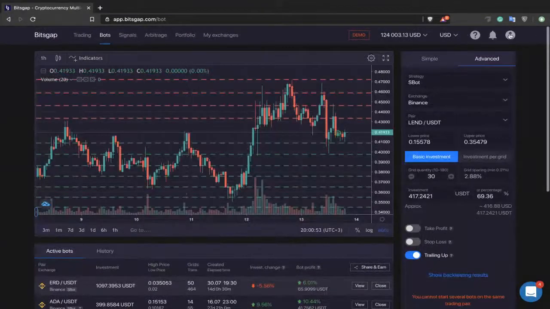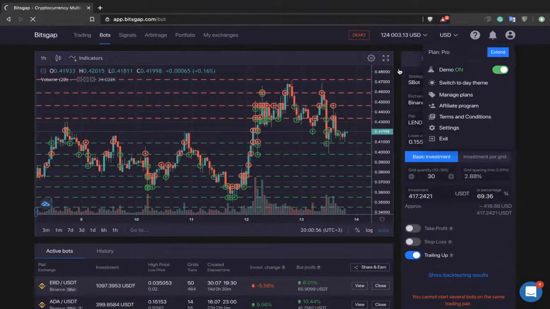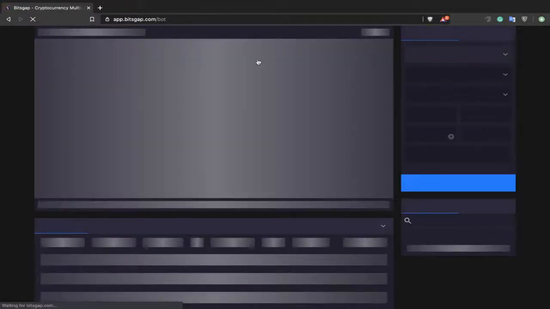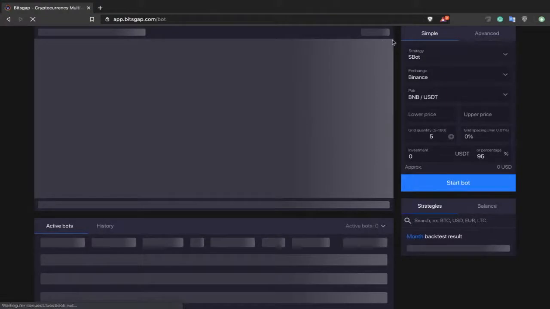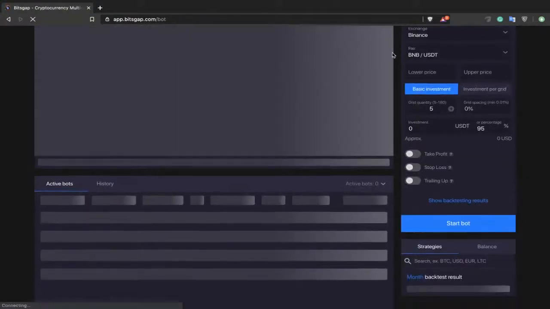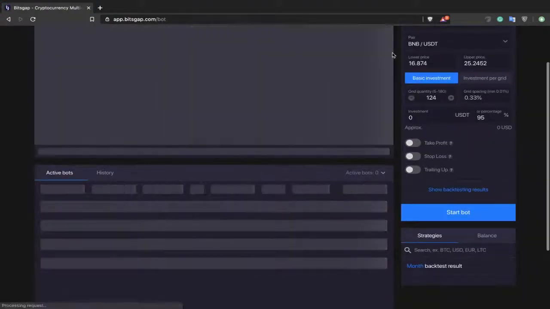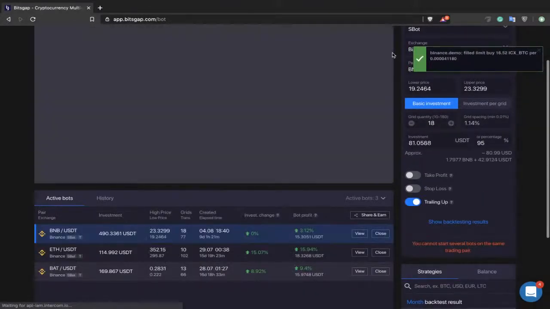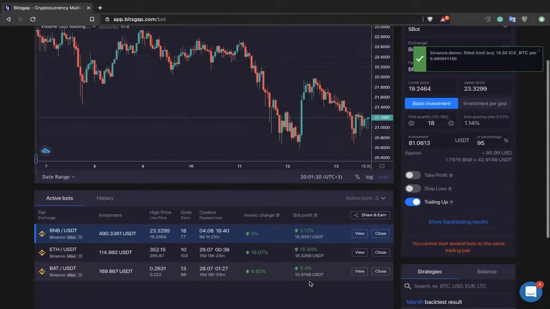Well, actually, let me use my real account to show you some of my real trades, to show you that I'm actually using my real money to trade as well. So this is one of my accounts here, and I have right now 3 open trades. That's BNB trading to USDT, Ethereum, and Basic Attention Token.